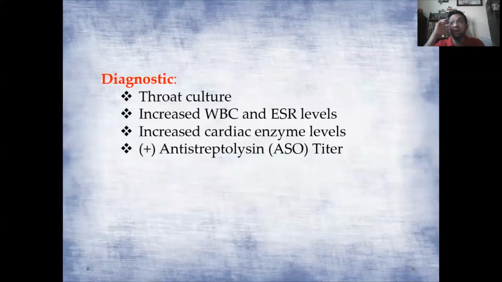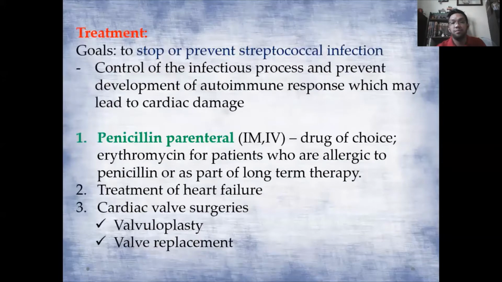But the one that will really confirm that the patient has rheumatic heart disease would be the positive anti-streptolysin titer, or the ASO titer. This would confirm the presence of group A beta hemolytic streptococcus in the patient.